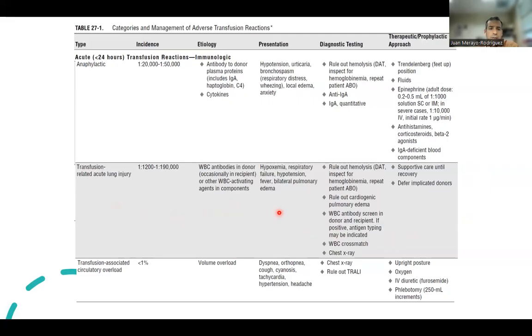The presentation will be hypoxemia, respiratory failure, hypotension, fever, bilateral pulmonary edema, and some testing that can and needs to be performed includes ruling out hemolysis and ruling out cardiogenic pulmonary edema, which again would be a different diagnosis in that case, considered to be transfusion-associated circulatory overload or TACO.